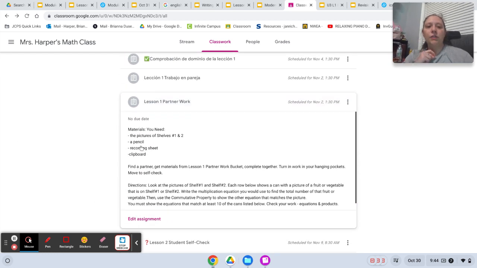There will be the folder that you'll get the recording sheet and the picture of the shelves. Find your partner. If there's not a partner available, move on to the self-check.